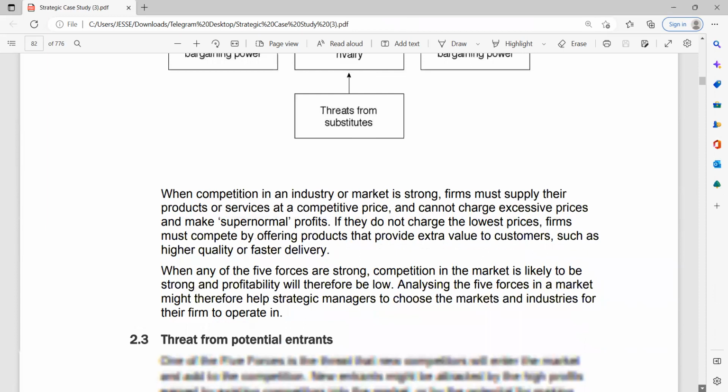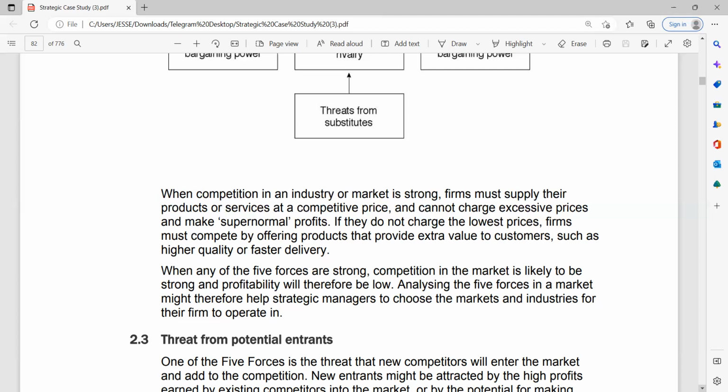Now, when competition in an industry or market is very strong, firms must supply their products or services at a competitive price. When there's strong competition, you cannot just charge any price and make supernormal profits, because there are a lot of companies competing for the same market, for the same people.